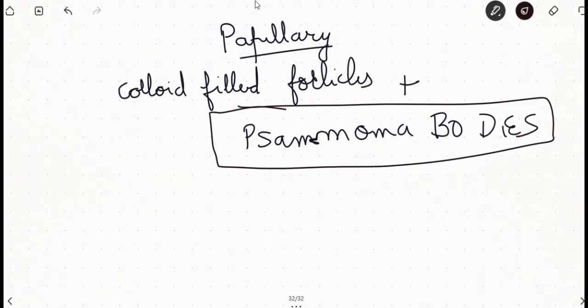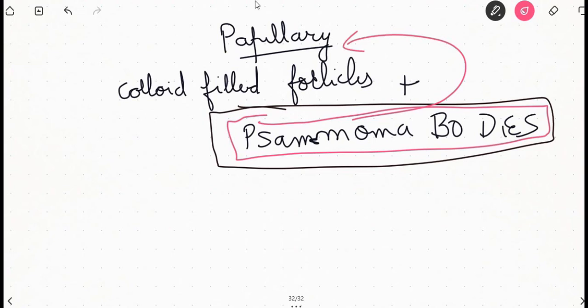They are seen in the papillary carcinoma of the thyroid. So these are the diagnostic of papillary carcinoma of thyroid.